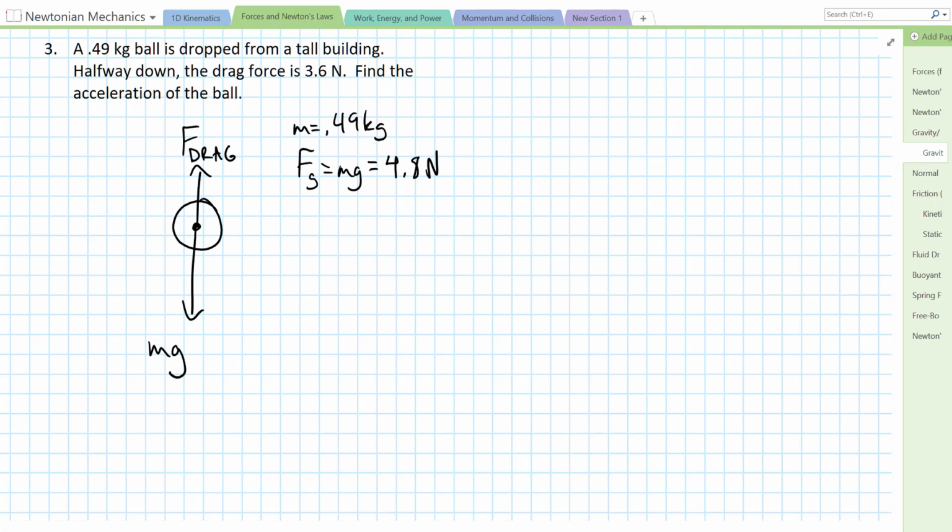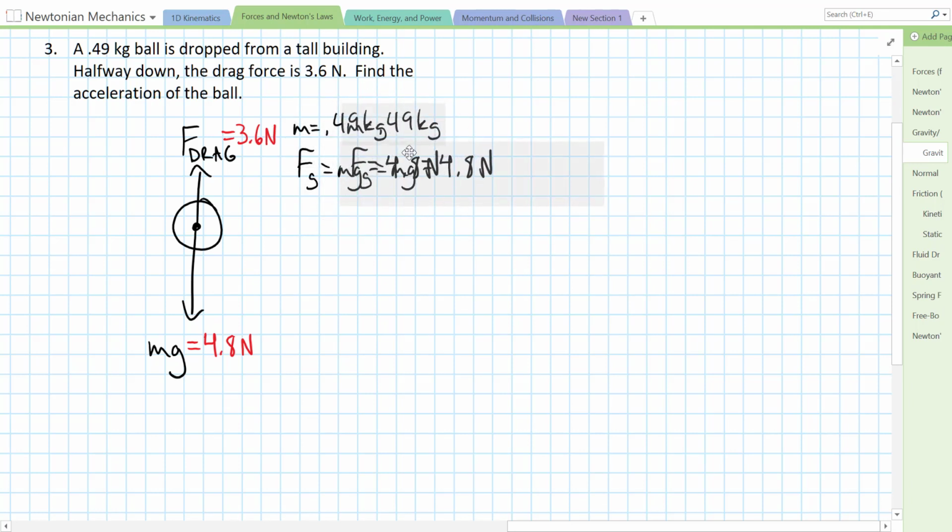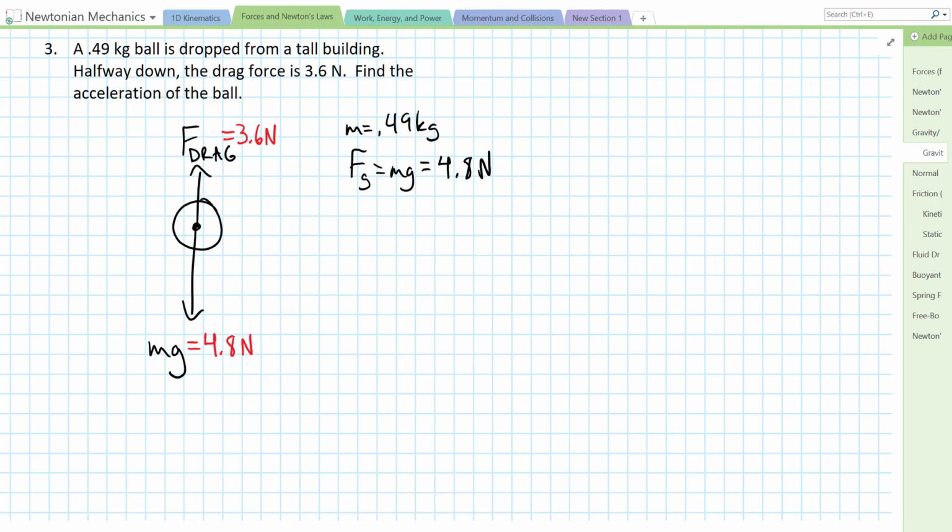So I'm going to add that to my diagram just so we have it. We also know that the drag force is 3.6 newtons. So I'm adding that to my diagram as well. Since the gravitational force is greater than drag, we are going to have a downward acceleration. And we're also still moving down, so there's going to be a downward velocity.